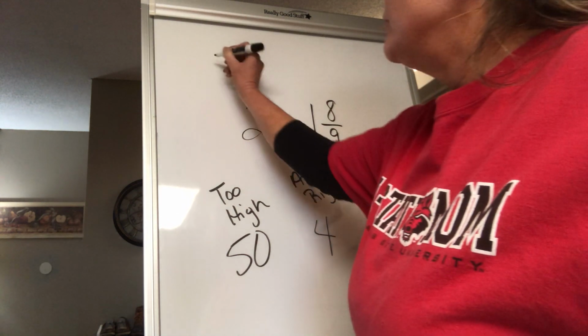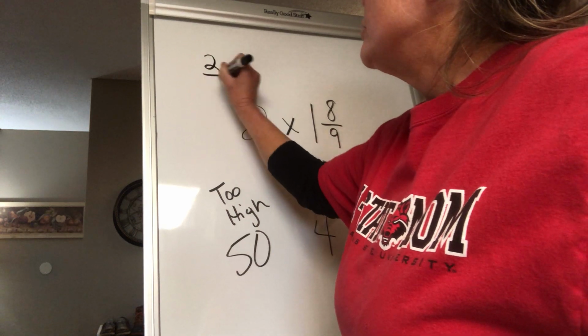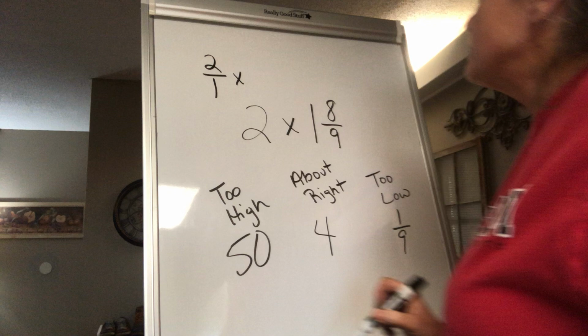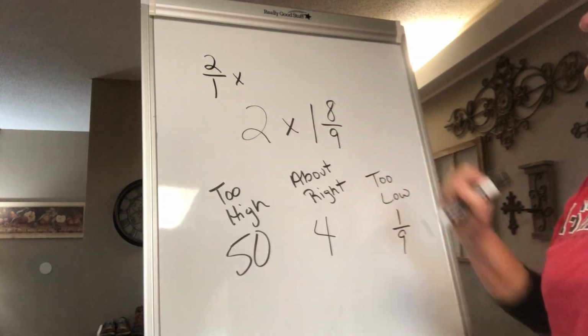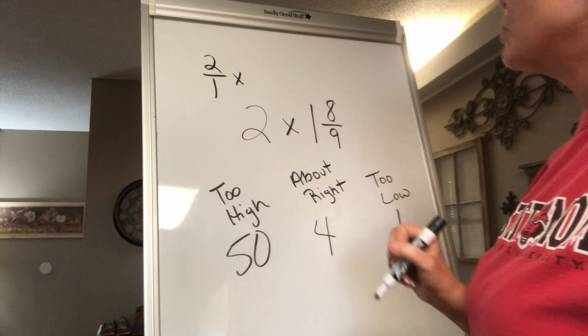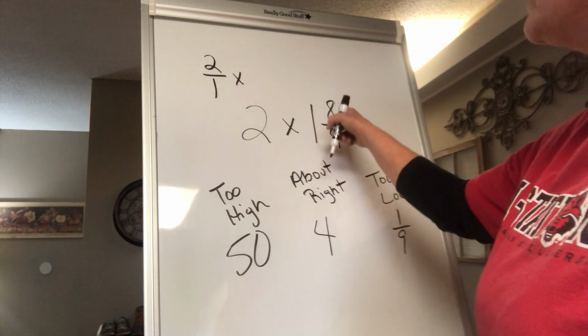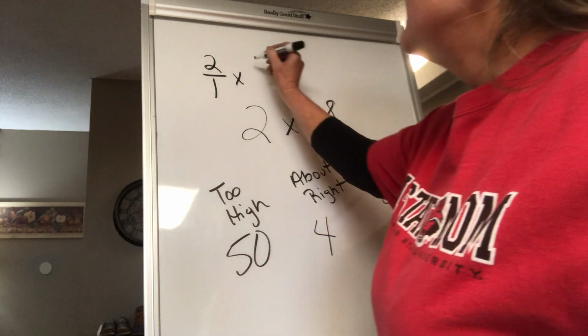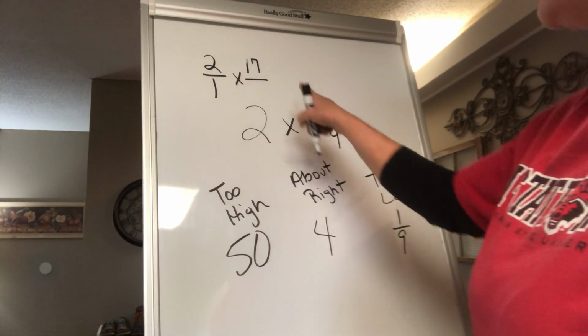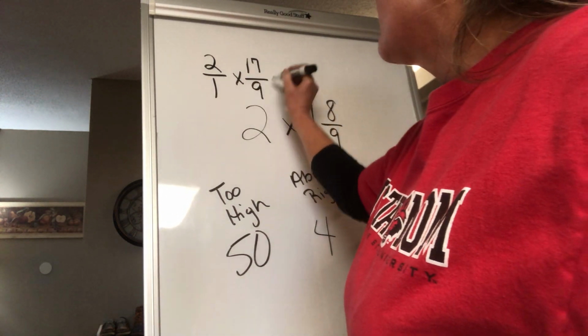I have 2, which I can write as 2 over 1 times, I can turn this into an improper fraction. 9 times 1 is 9, plus the 8 is 17, and then it's still in ninths.